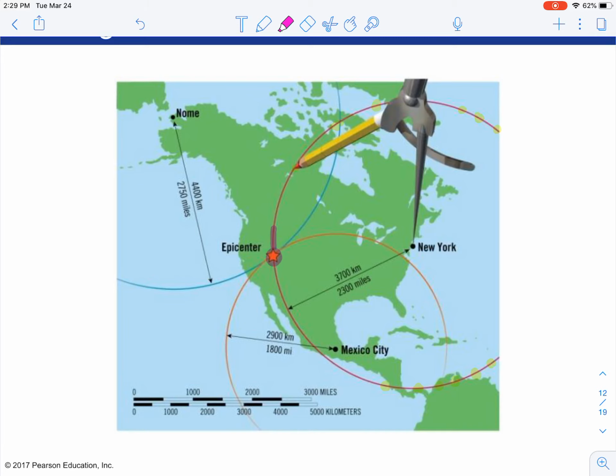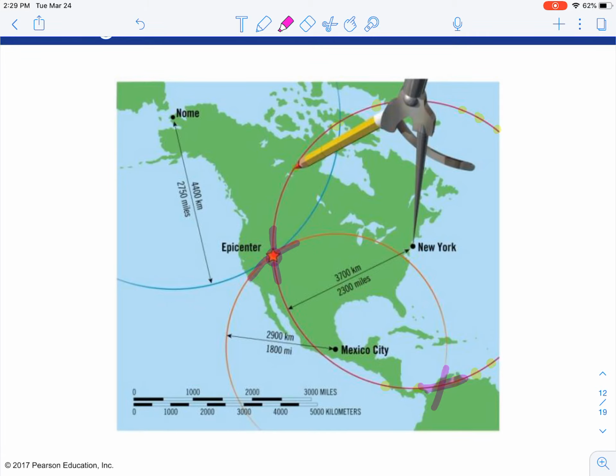The intersection between the New York City circle and the Mexico City circle, or the intersection over here between those two circles. So that's helpful because it eliminates a lot of possibilities, right?